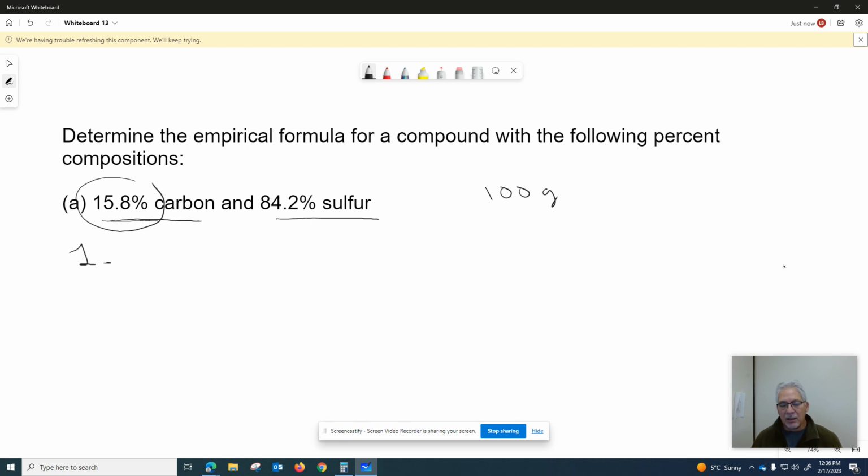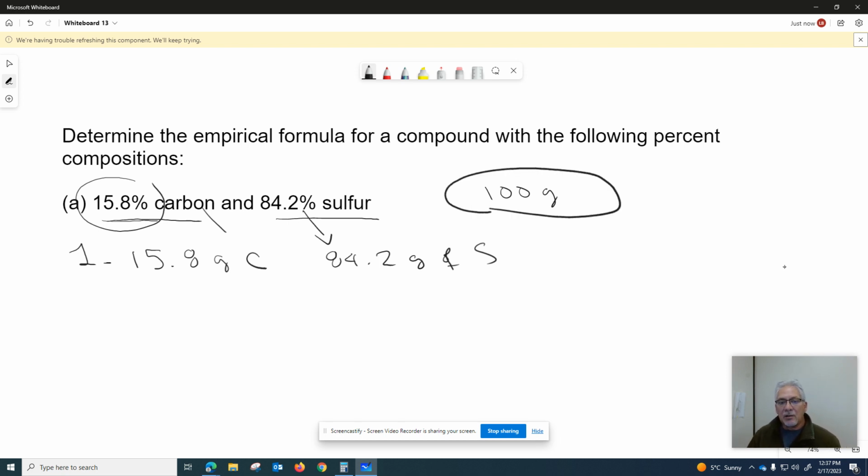If I have 100 grams of the substance, I will convert the percent to grams. So I can do the following. I will have 15.8 grams of carbon, and I will have 84.2 grams of sulfur. And now I'm writing the element symbol, assuming I have 100 grams of the substance. That will be my first step.